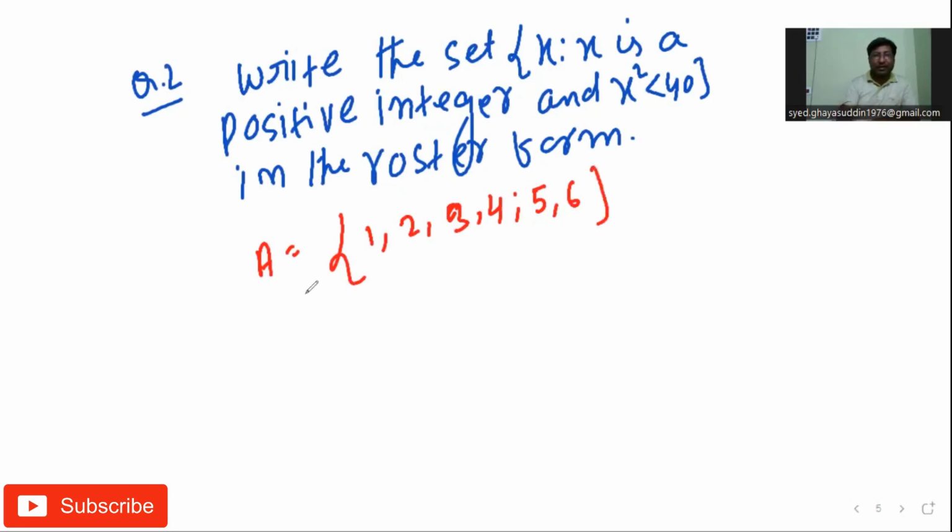So our answer is set A = {1, 2, 3, 4, 5, 6}. So the set is x where x is a positive integer and x² is less than 40, and these satisfy this condition. So A = {1, 2, 3, 4, 5, 6} is the roster form of this set.